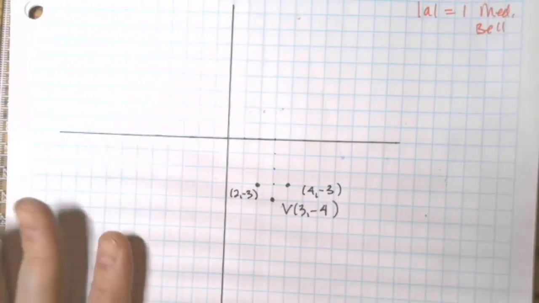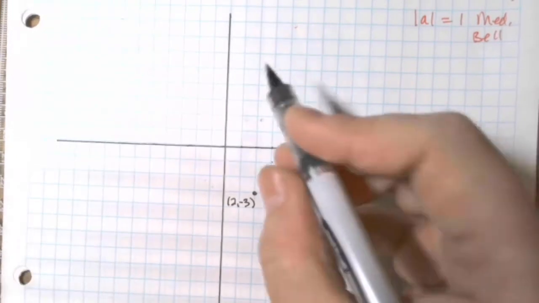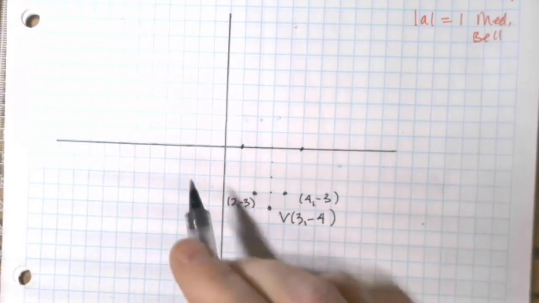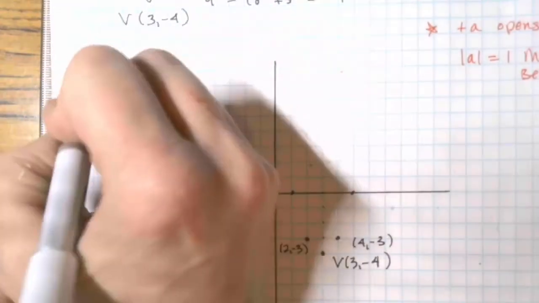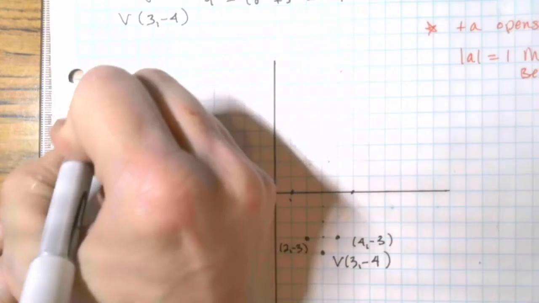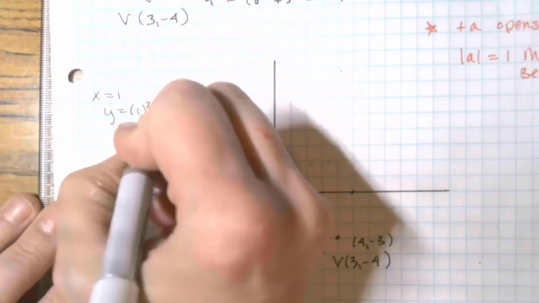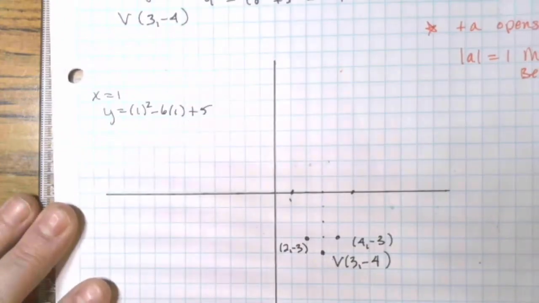So this is where you're going to need to guess a little bit where it's going to cross. I'm guessing that it's going to cross here and here. So I'm going to do a little t-chart here on the left-hand side. Actually, I'm not going to do a t-chart. I'm just going to sub the values in. So if x is 1, then y is 1 squared minus 6 times 1 plus 5.